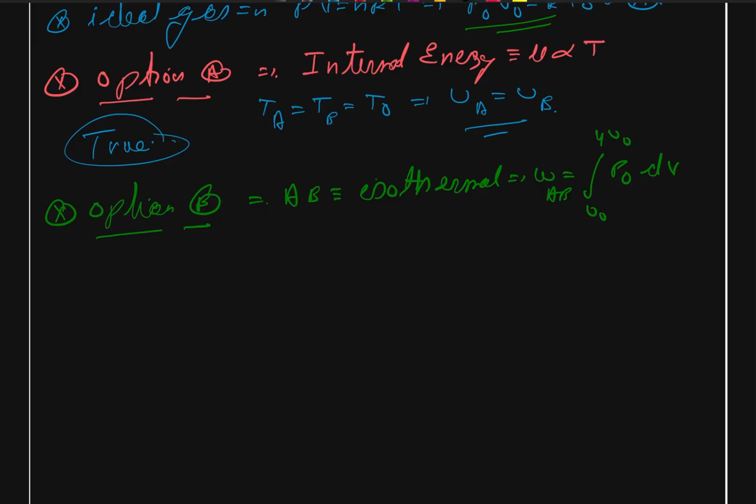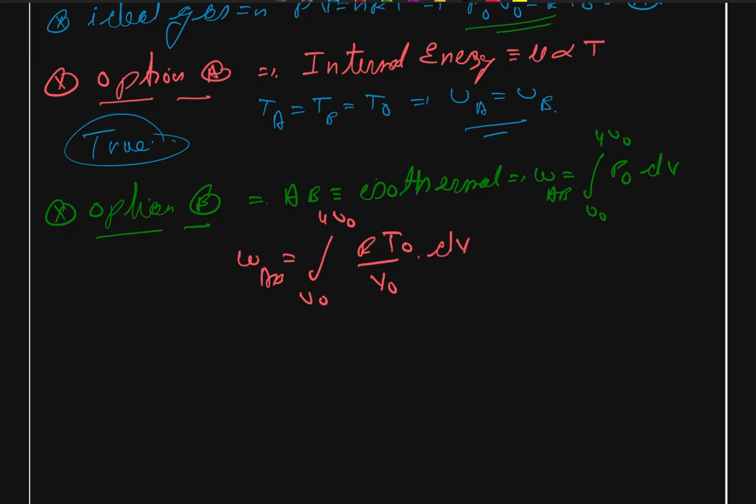So we can write that work done WAB will be the integral from V naught to 4 times V naught of R T naught upon V naught dV.